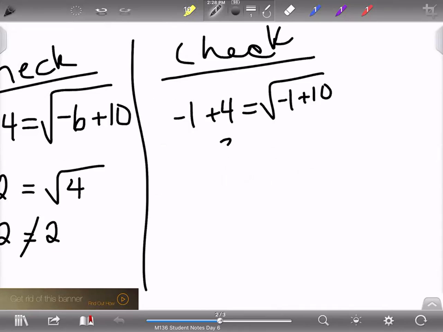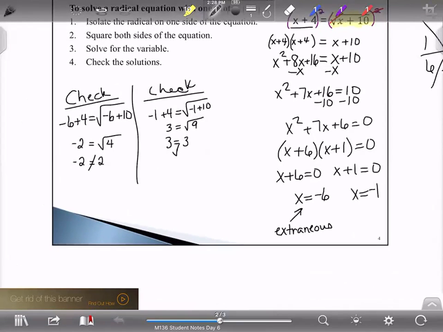So I'm going to have 3 equals the square root of 9. Square root of 9 is 3, and we can confirm that 3 does equal 3. So that one checks. So I can go back and circle or indicate that -1 is a solution.